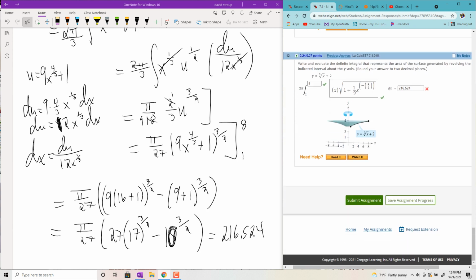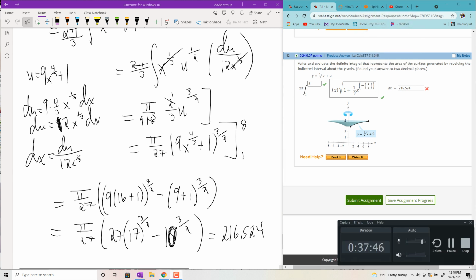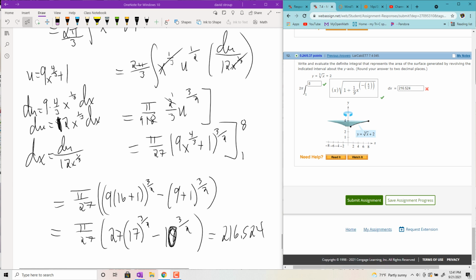Let's see what's wrong. All right, let me pause. See what I did wrong. Oh, I think I see it. It's right here. So that would change this chunk into whatever the heck that thing is.